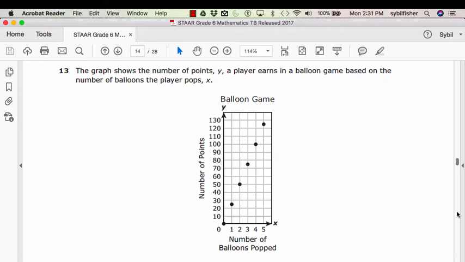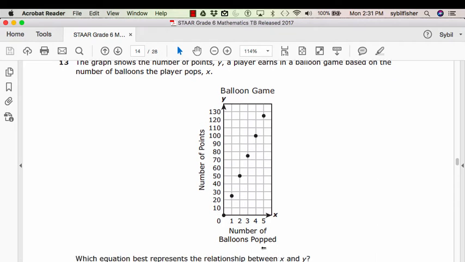The graph shows the number of points, Y, a player earns in a balloon game based on the number of balloons the player pops. Balloon game. Y, X, number of points, number of balloons popped.